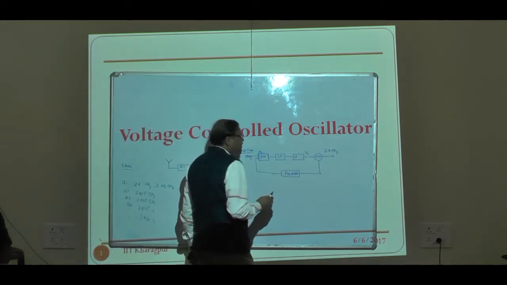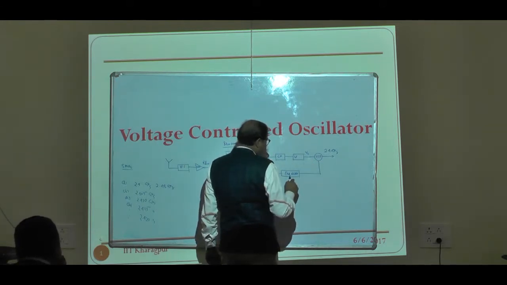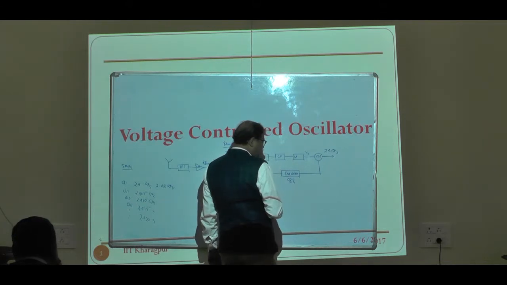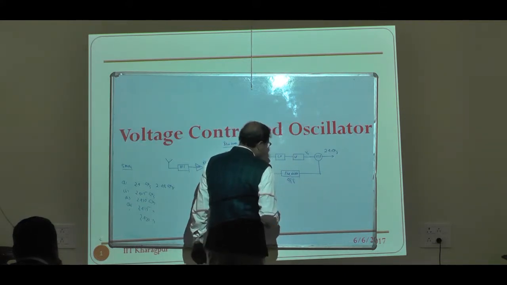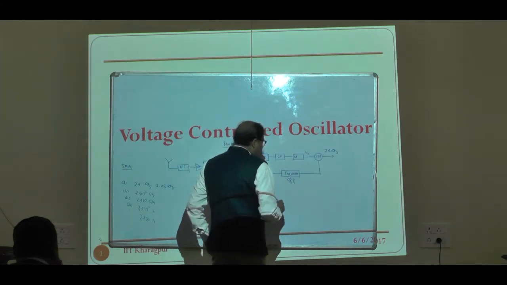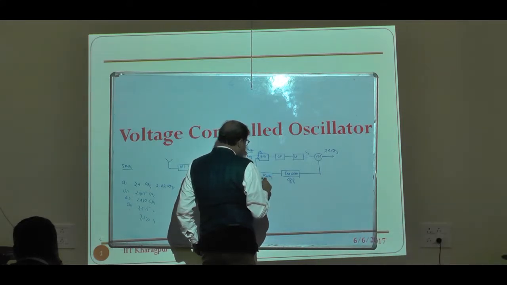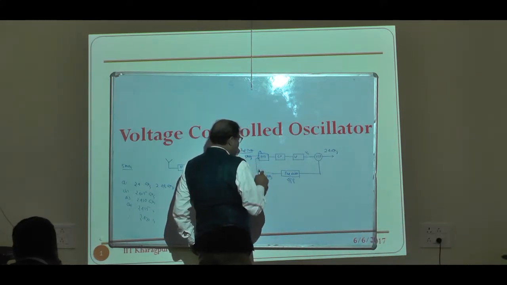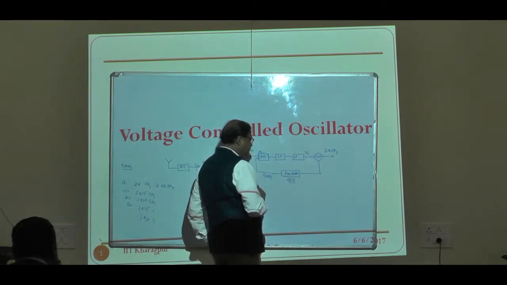Then what we will do is divide this frequency by, say, 488. If you divide 2.4 GHz by 488, you will get basically 5 MHz. So when these two frequencies are locked, I say that this loop is locked.